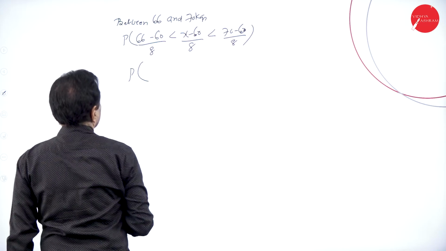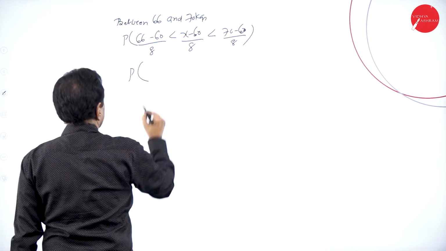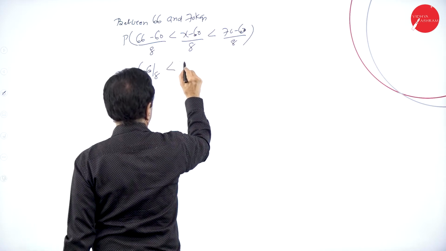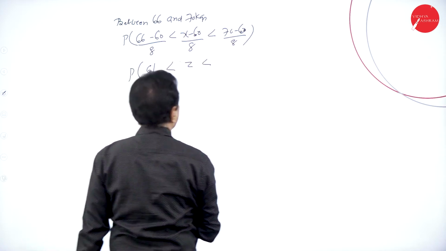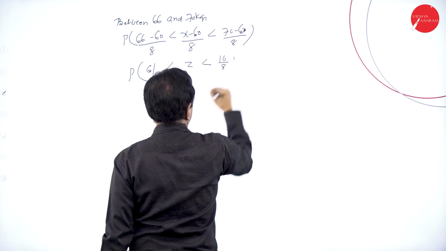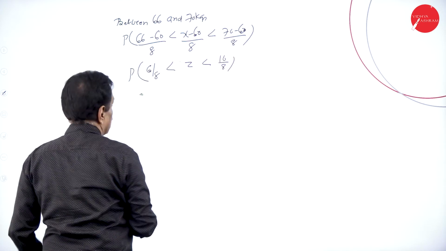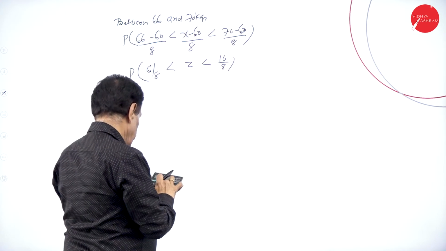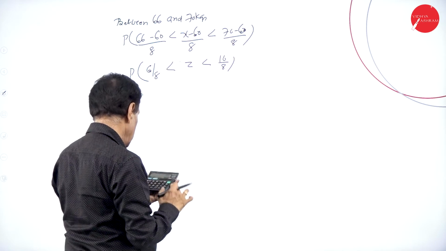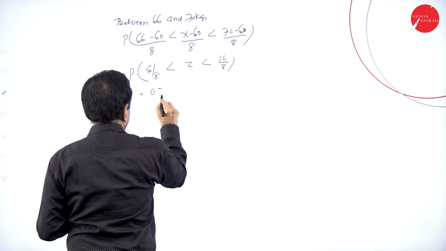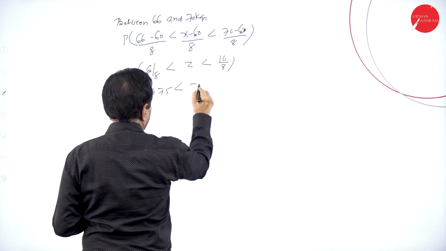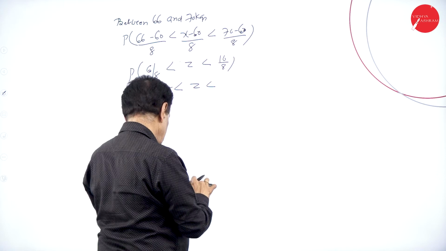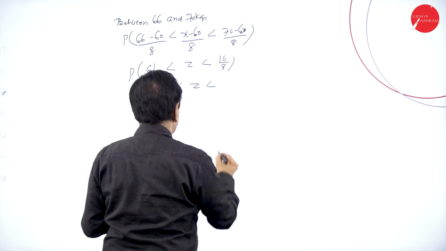P of 66 minus 60 is 6 divided by 8, less than Z, less than 70 minus 60 means 10 divided by 8. Simplify: 6 divided by 8 is 0.75, less than Z, less than 10 divided by 8, which is 1.25.